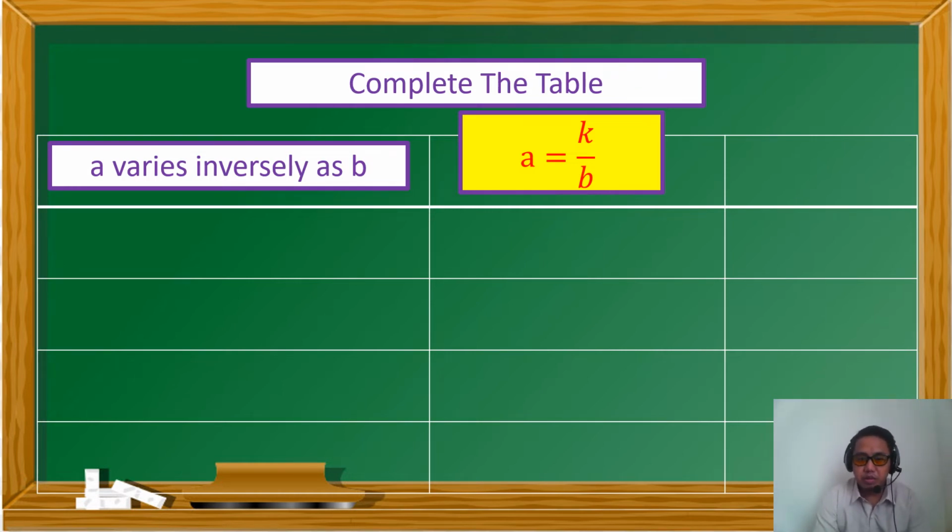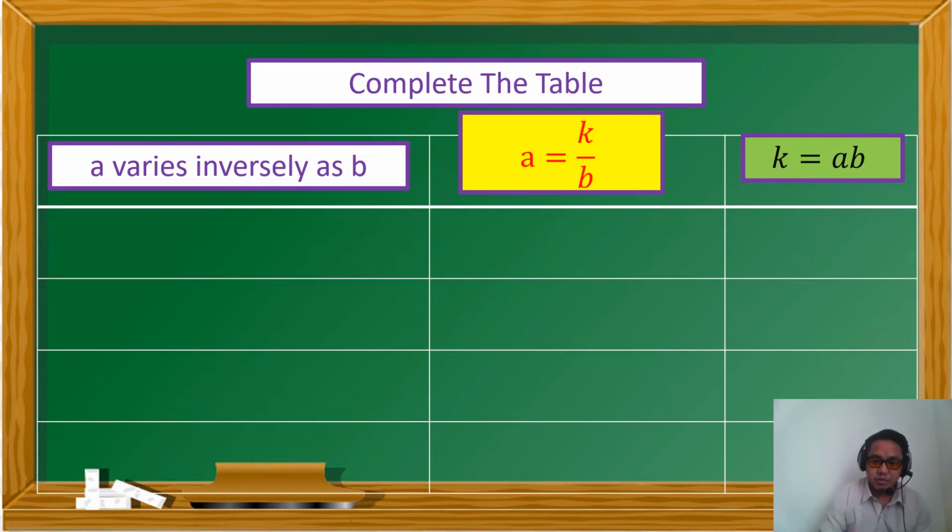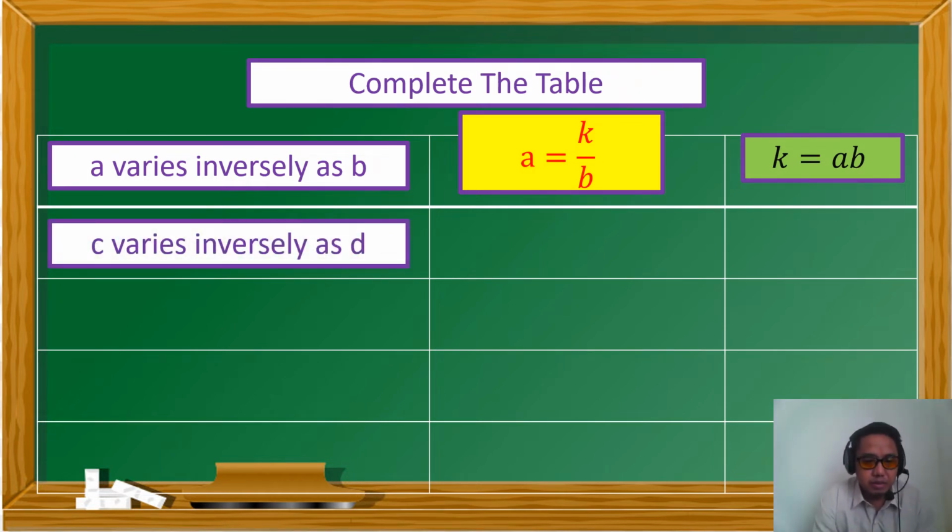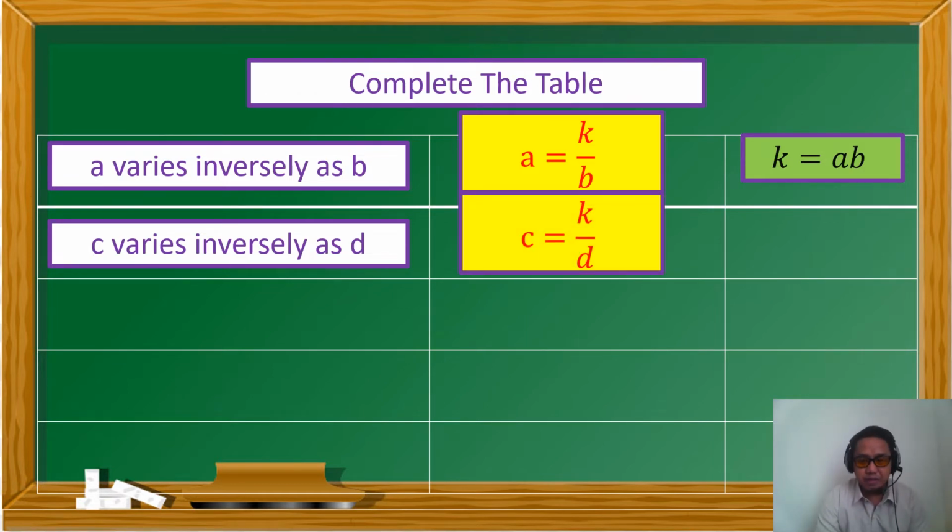And then if you get the formula for K, K is equal to A times B. Okay, let's continue. C varies inversely as D. Dapat sasagot naman tayo, no? So we have C is equal to K over D. And same din, get the product of C and D. That will be your K. K is equal to C times D.